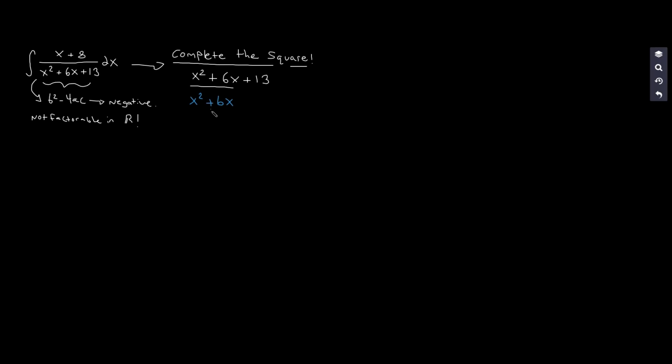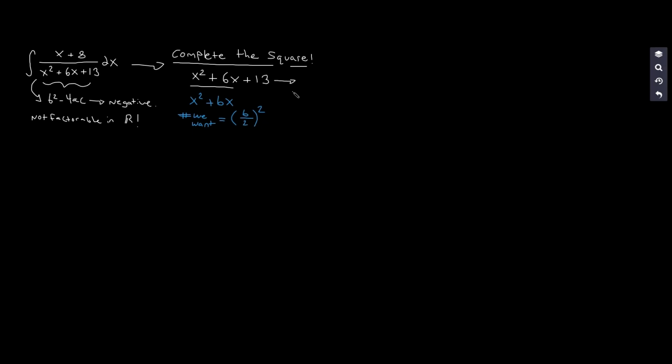So to find the number that we want, the number that we want is equal to b over 2, squared.